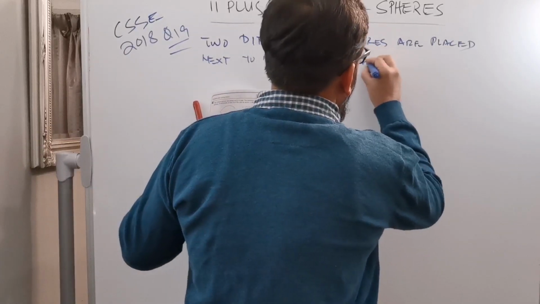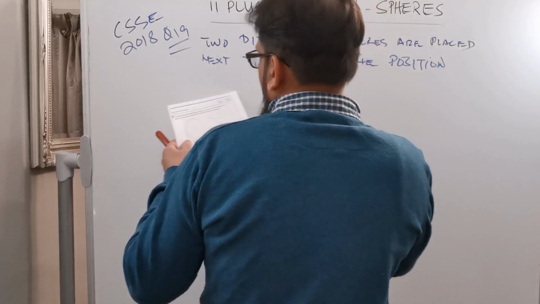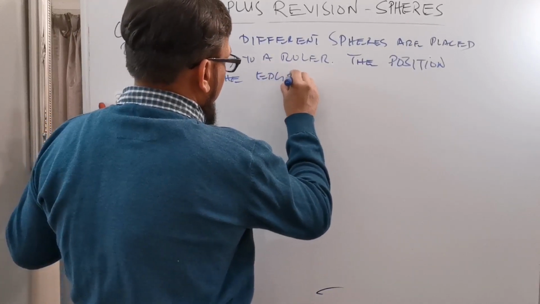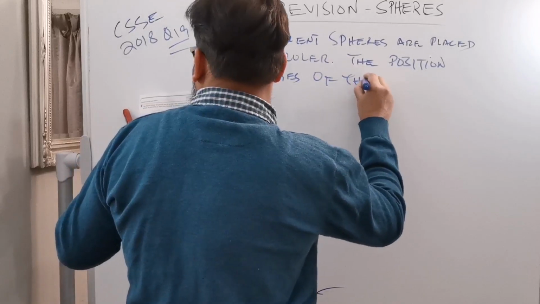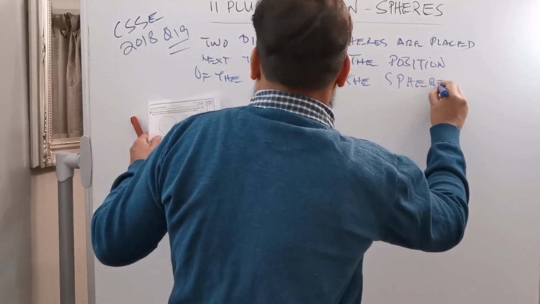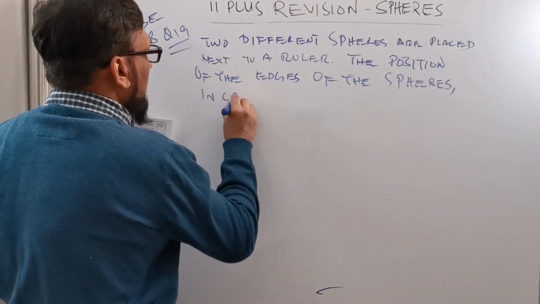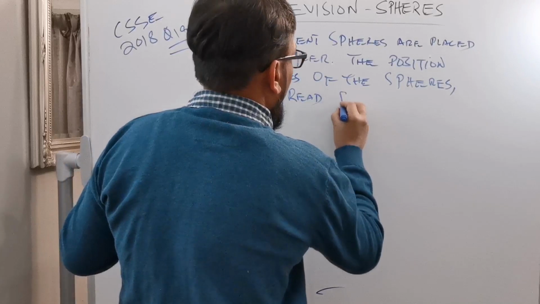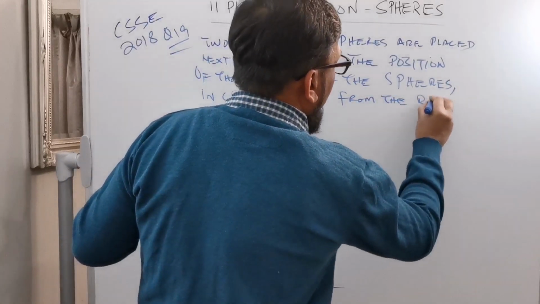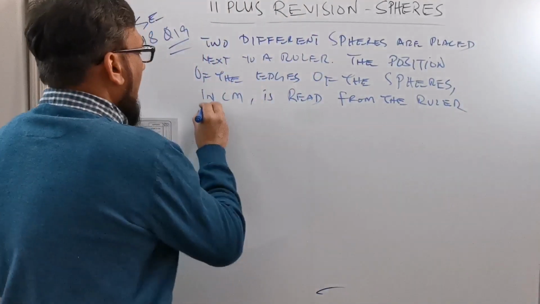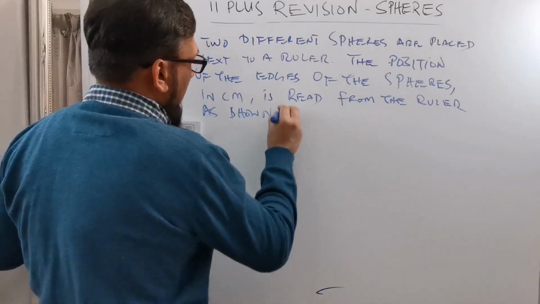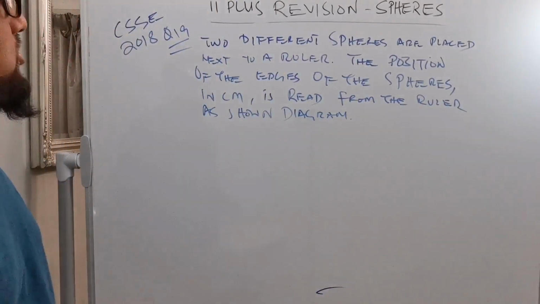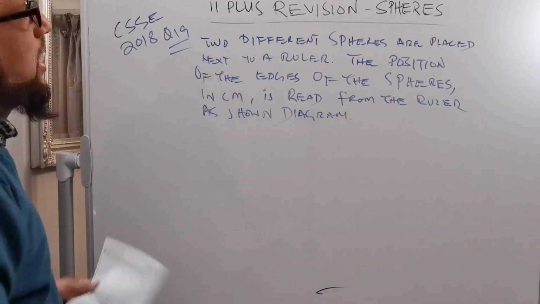The position of the edges of the spheres, in centimeters, is read from the ruler as shown in the diagram. So this is the question.